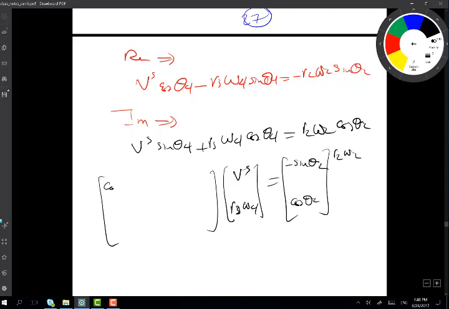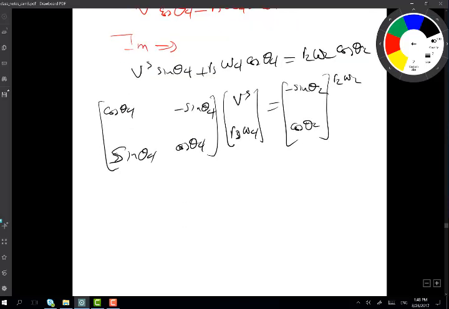Here I will have cosine theta 4, minus sine theta 4, sine theta 4, and cosine theta 4. Now this is the Jacobian of theta 2, that's J theta 2, which is cosine theta 4, minus sine theta 4, sine theta 4, cosine theta 4.